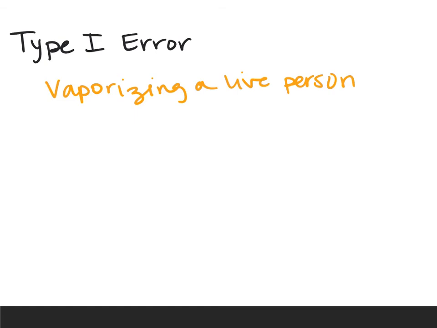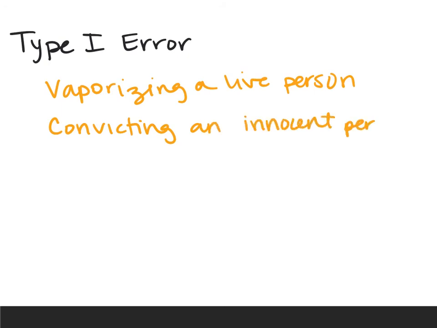The equivalent to this in our court system would be to convict someone who's not guilty. So convicting an innocent person. And in both cases, these are worse than the other error.